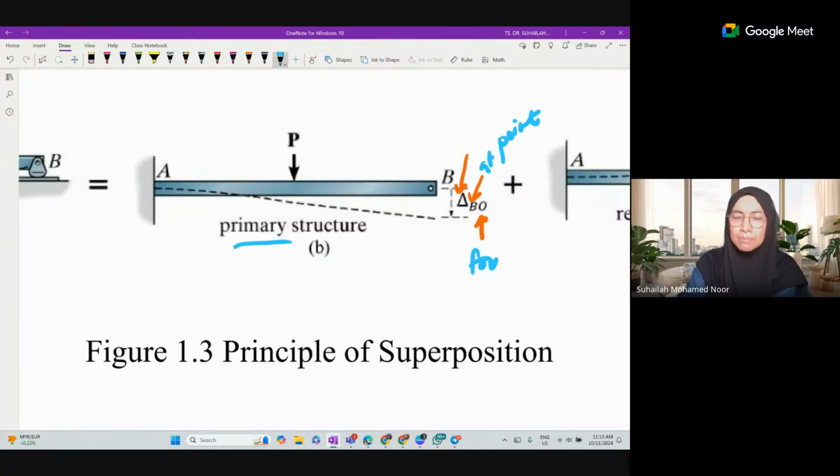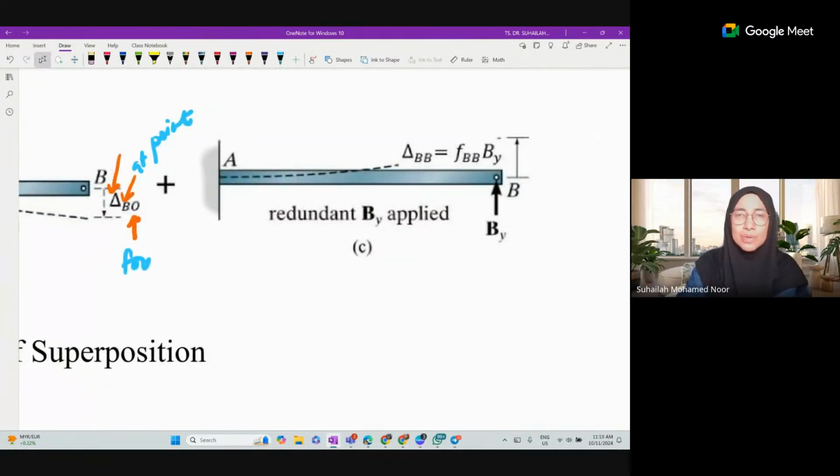It is the primary beam plus the redundant beam. So we have another one, the redundant beam. To be specific, we use the name of the redundant, BY applied. BY applied means that when we put BY back into the system, we do not put the roller, but we assume it is an applied load named BY, applied to the cantilever beam.